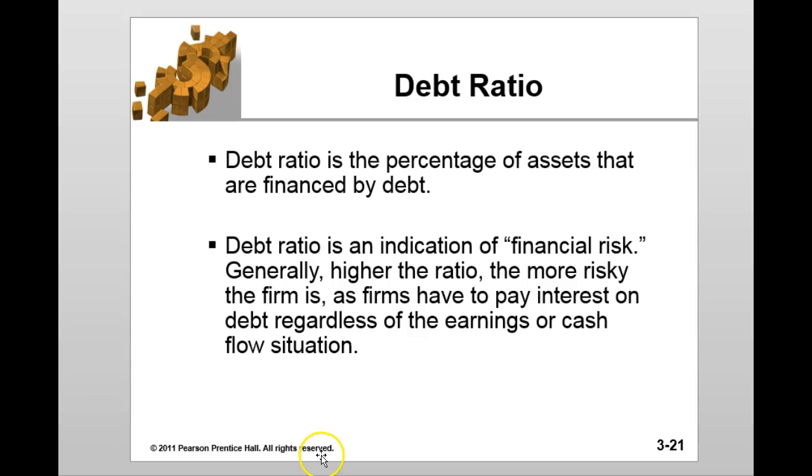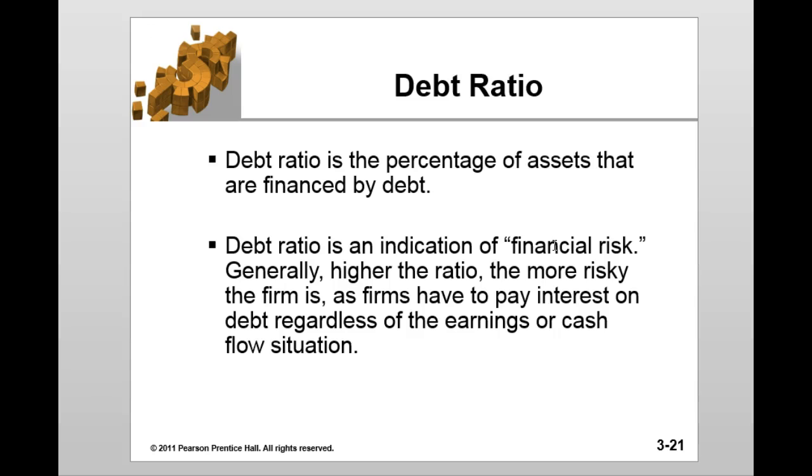You have a debt ratio that you're going to look at to see what percentage of assets are financed by debt. Most companies want to have a fairly low debt-to-asset ratio. By low, I mean the debt side being low. And it kind of indicates financial risk.